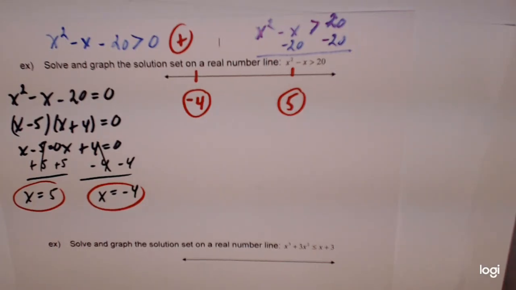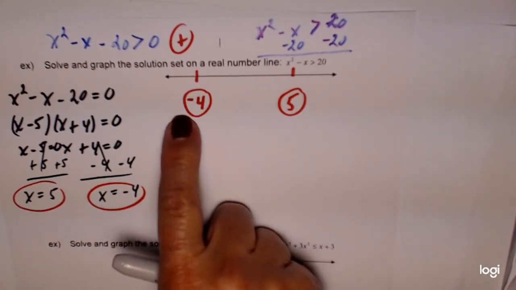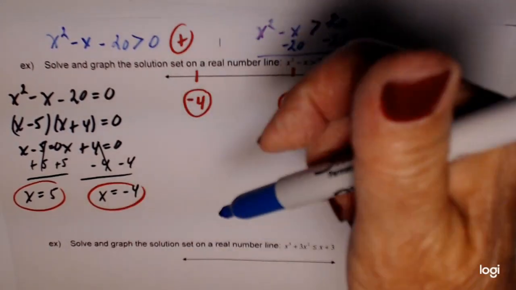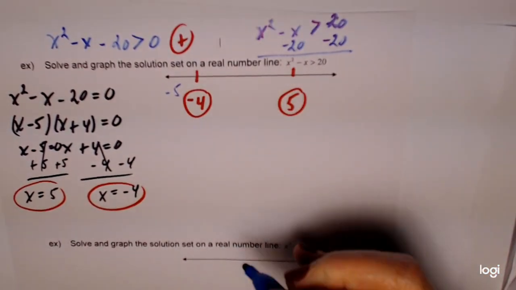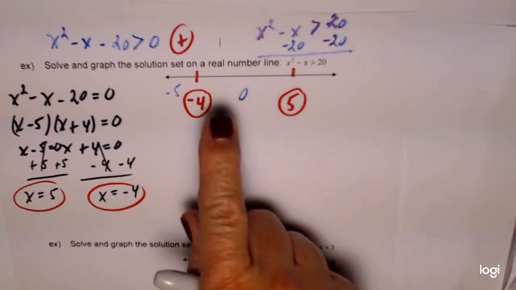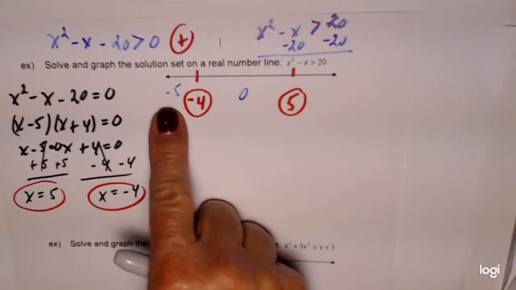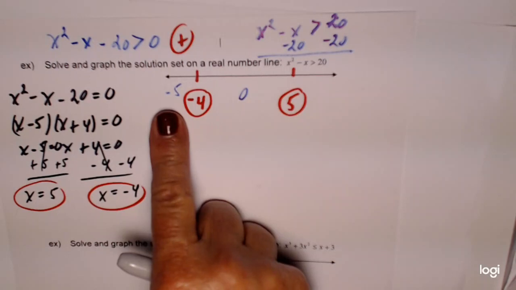I'm looking for my green marker and I can't find it, so we'll go with blue. In the interval from negative infinity to negative 4, I'm going to go with the test value of negative 5. In between negative 4 and 5, I'm going to go with 0. To repeat, you could choose any numbers you want in these intervals. I like 0s and 1s because it tends to keep the math easier.